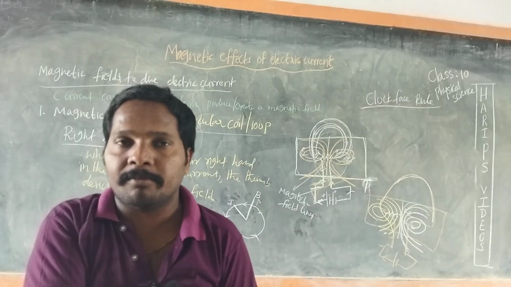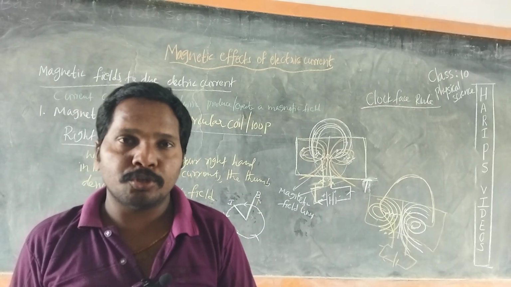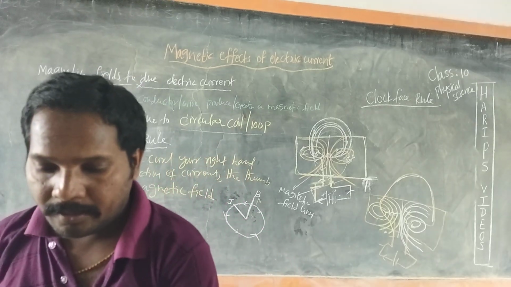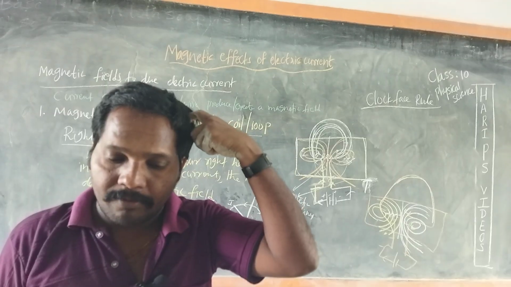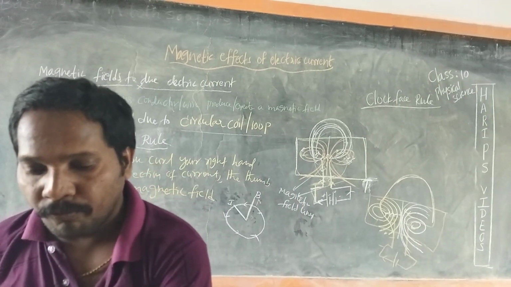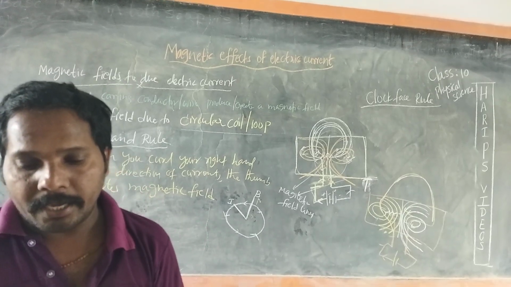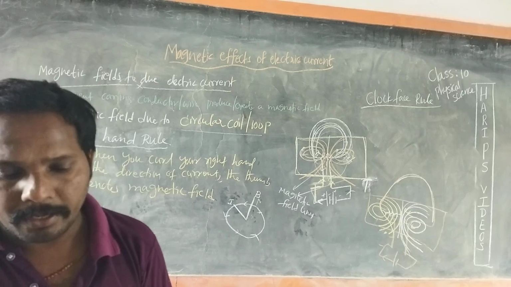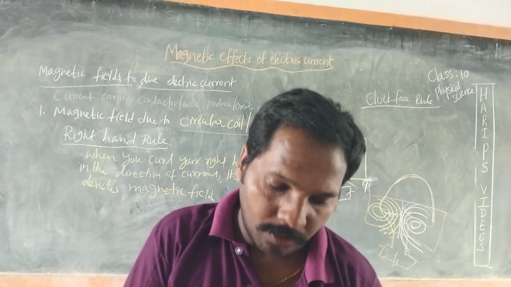We have different types of magnets: bar magnet, disc magnet, horseshoe magnet, right? A disc magnet has one face as north pole and the other face as south pole. The polarity of the two faces of the current carrying circular coil can be determined by using the clock face rule given below.